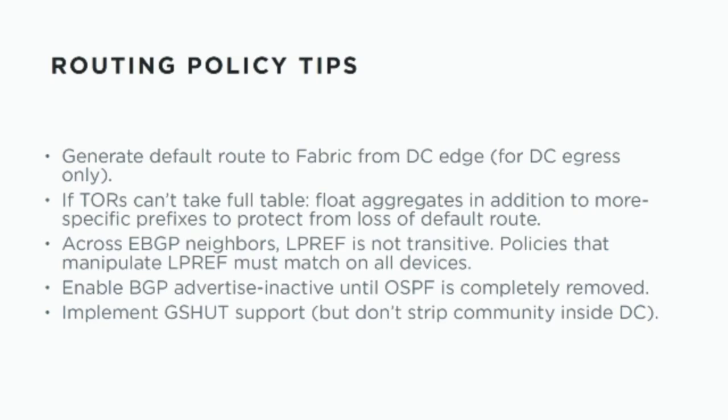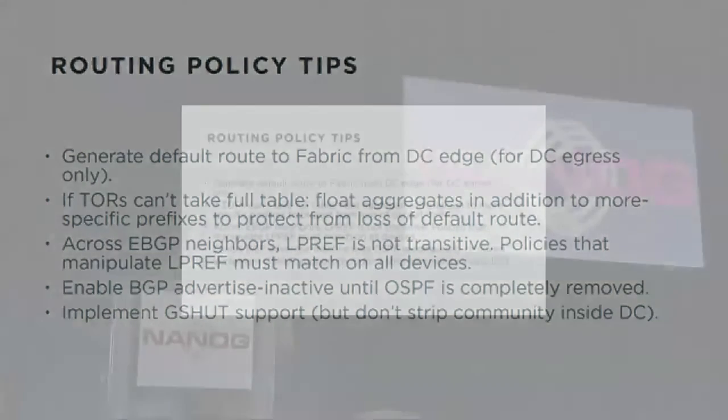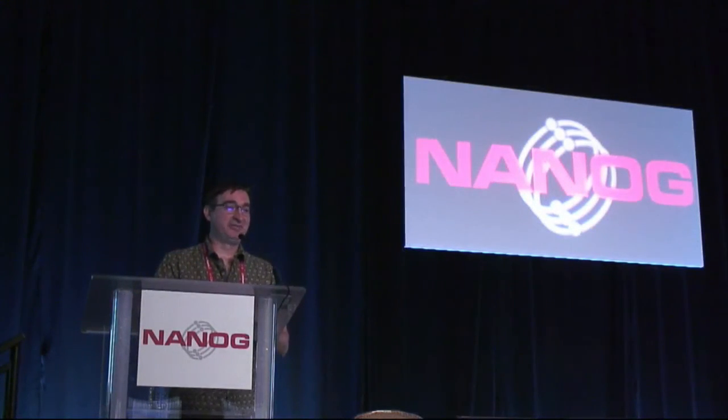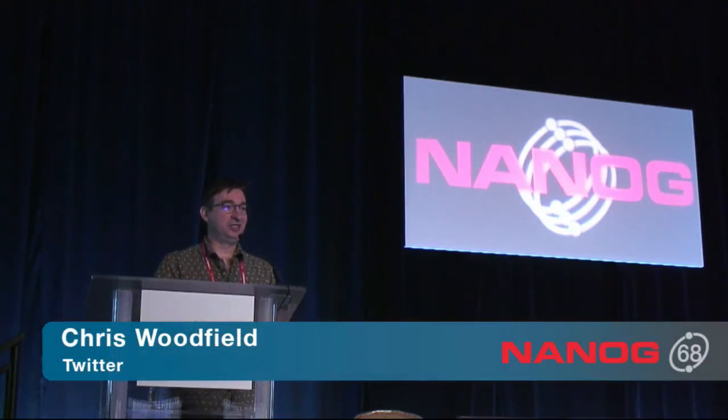A few other tips that we learned along the way. From your edge, generally you only need to generate a default route. There may be some needs for some more specific routes to be floated in, but think about those carefully and make sure that they're really needed. The implication is that if you can't send full tables down to your top of racks, that default route generated from the edge becomes the same default route that your racks are going to be using to talk to each other.